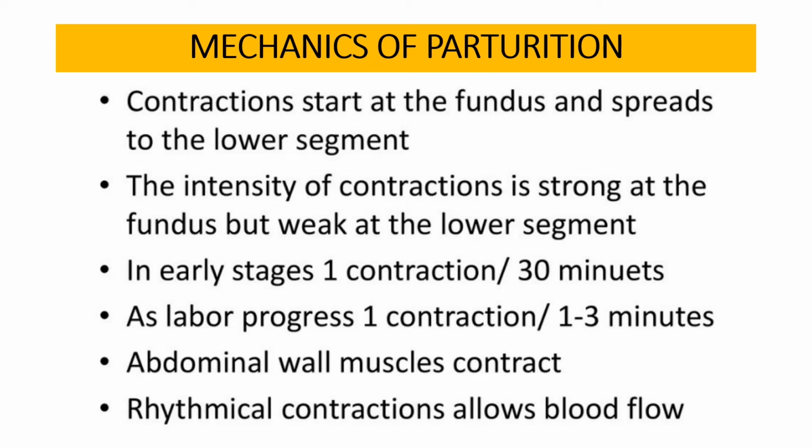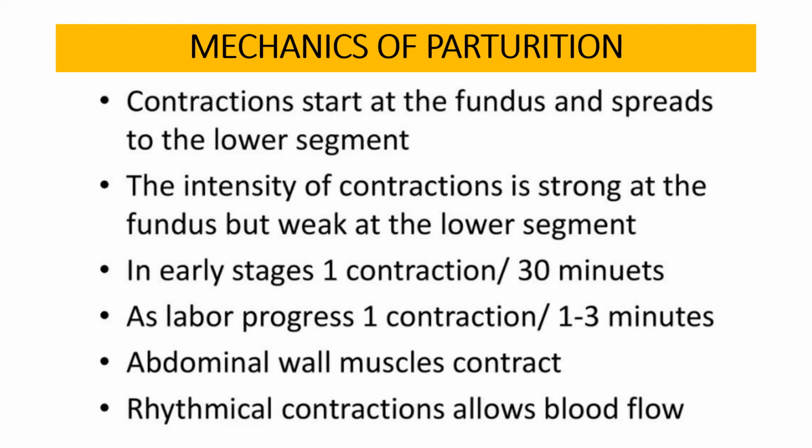Why does this happen? Because as the uterus contracts from the upper portion, it pushes the baby into the lower flaccid part. So the flaccid part stretches and this initiates further contraction. So contraction starts at the fundus and spreads to the lower segment.